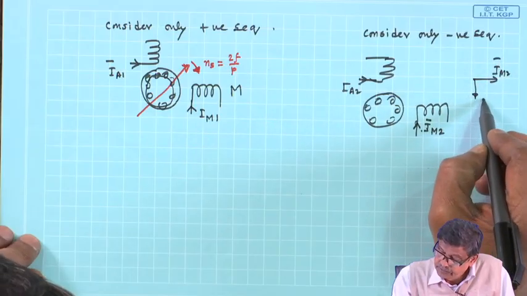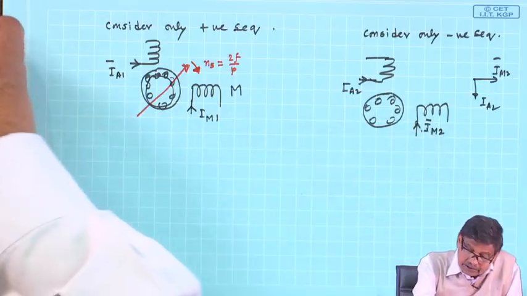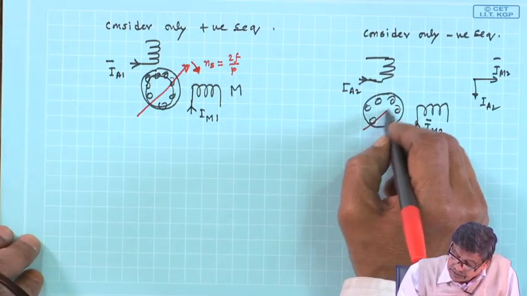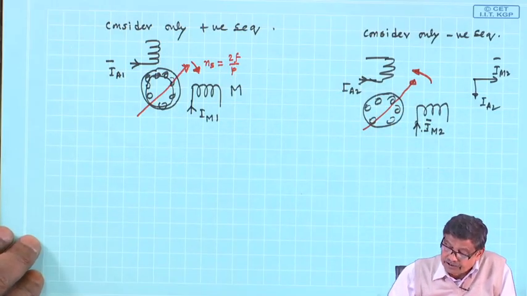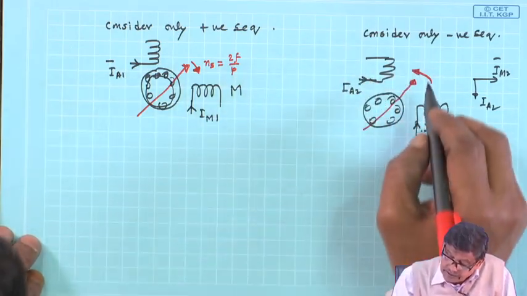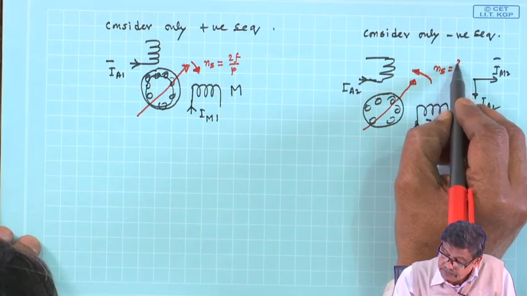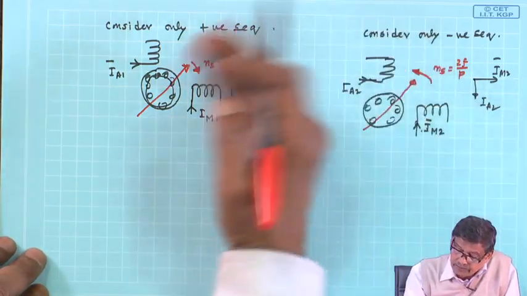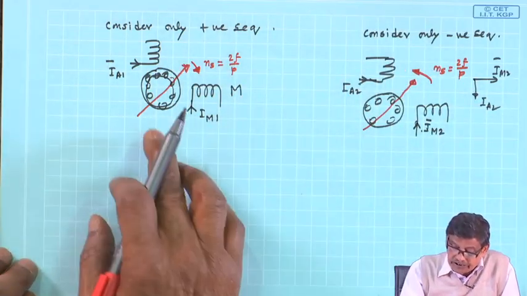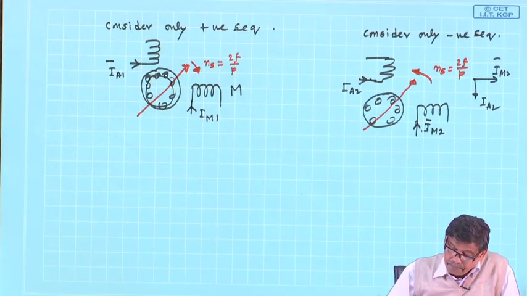These two currents are of equal magnitude, but with this phase sequence, the leading current is M2, therefore a rotating field will be produced in the opposite direction, leading to the lagging phase, and once again it will have a field Ns equal to 2f by p. But this rotating field will move in the opposite direction to the previous one. Is that clear?